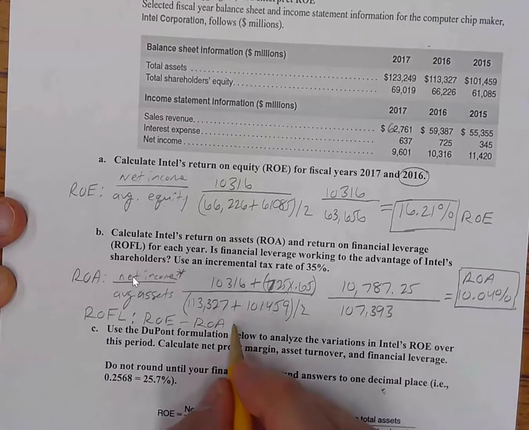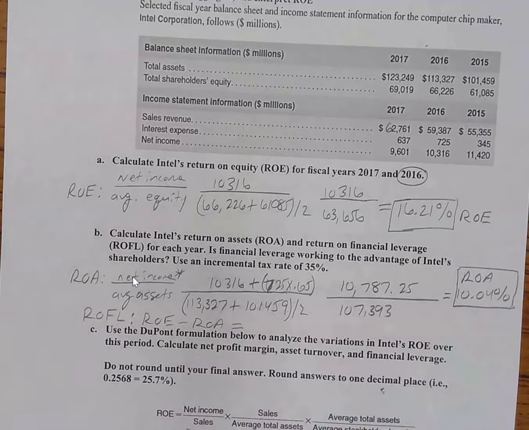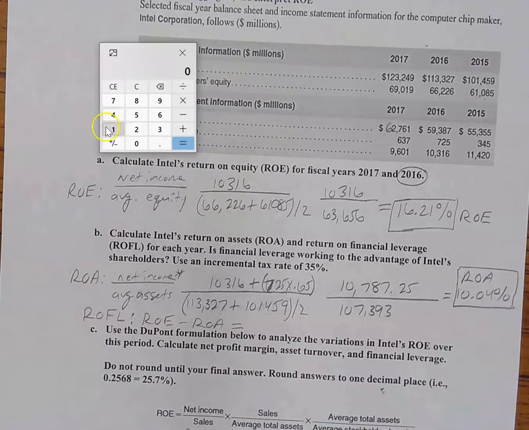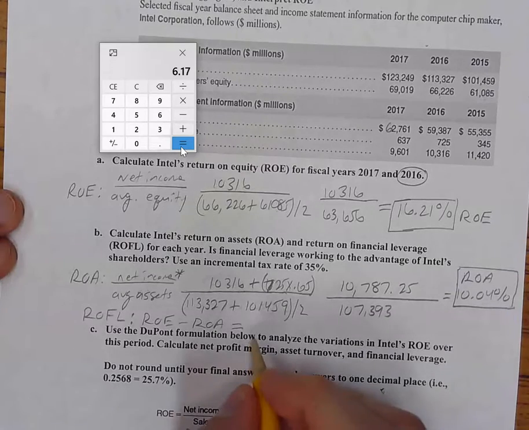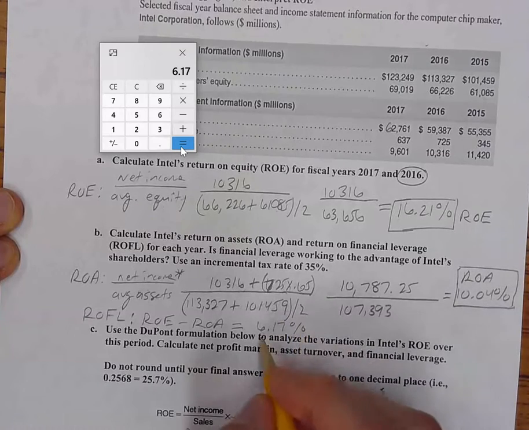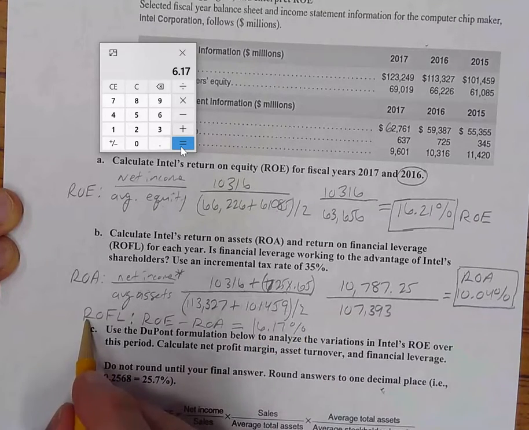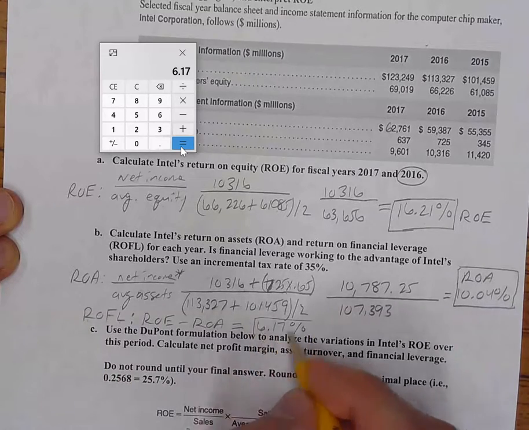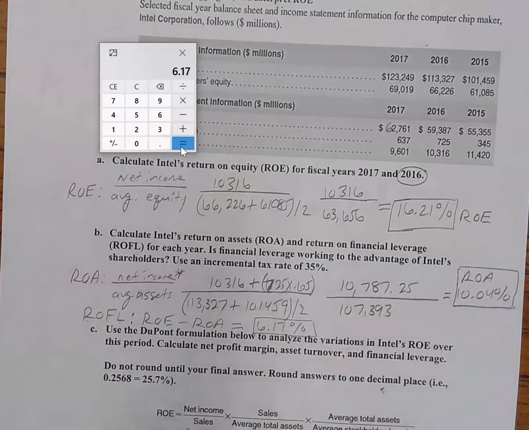So, in the interest of time, I'm going to bring these over here, and I'm going to take 16.21 minus 10.04. Okay. And so we have 6.17% for our return on financial leverage measure. Okay. So that is 6.17%.